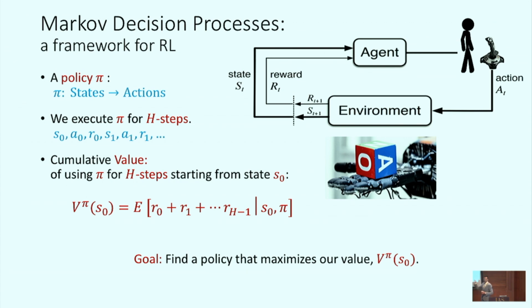The value of a particular policy starting from state S0 is just the total sum of undiscounted reward that the agent achieves when that policy is executed starting in S0. Our goal is to find this behavioral policy, this mapping from states to actions, that maximizes this cumulative reward starting from some given start state.